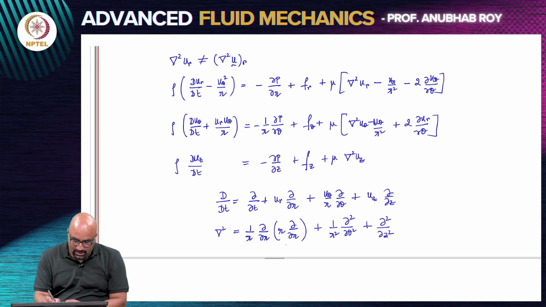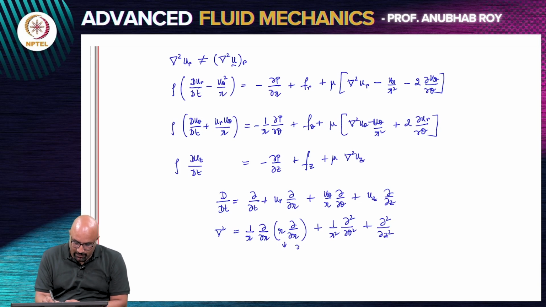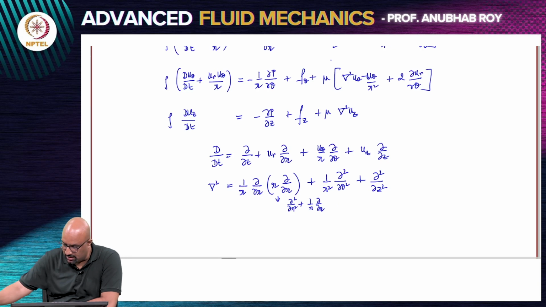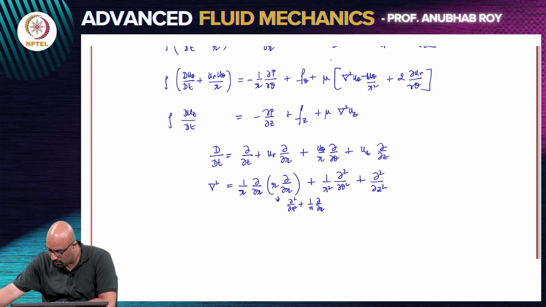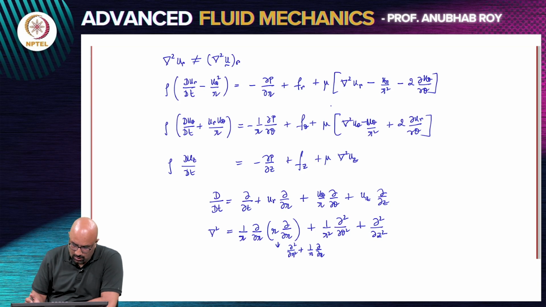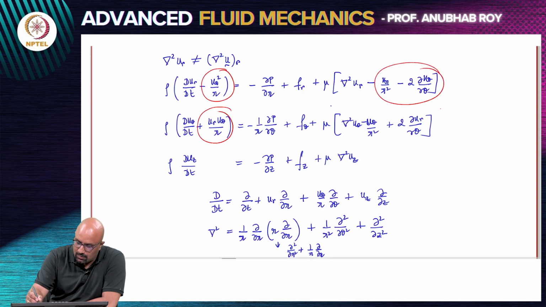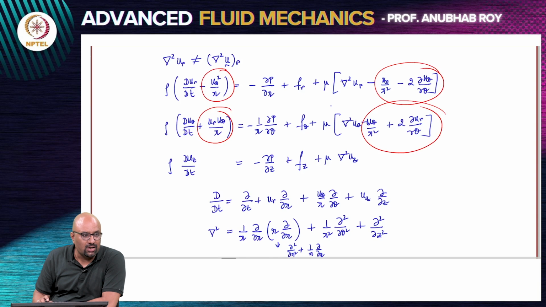So, here you can see that you will have a term that would be ∂²/∂r² plus, now you can have an additional term, as you can see, that comes about because you are operating with a curvilinear coordinate system. So, the parts that I want you to focus on are purely arising from the curvilinear coordinate system.